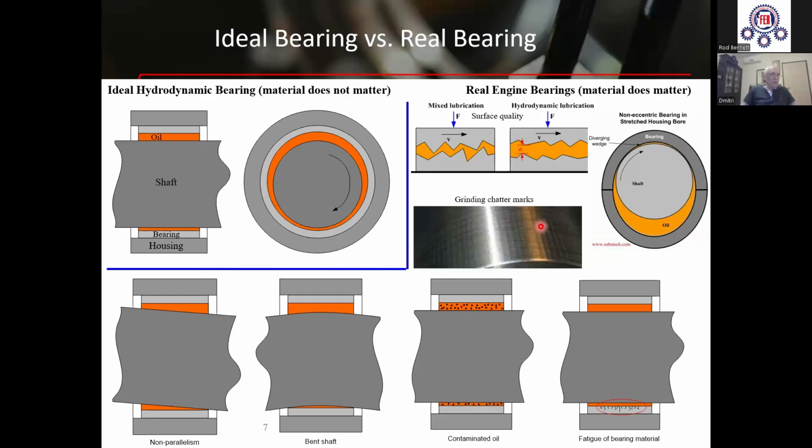Thus, engine bearings sometimes work under the mixed lubrication regime, not purely hydrodynamic. Therefore, the surface anti-friction properties and strengths of the bearing material are important.